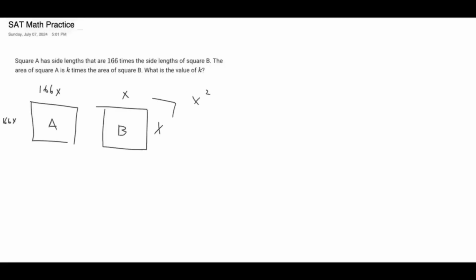And then we want to set this in proportion to 166x times 166x. So what that's going to give us is 27,556x squared. All right, so now we want to compare these two numbers, right? Because this is the area of square B, and then the one on the bottom is the area of square A.